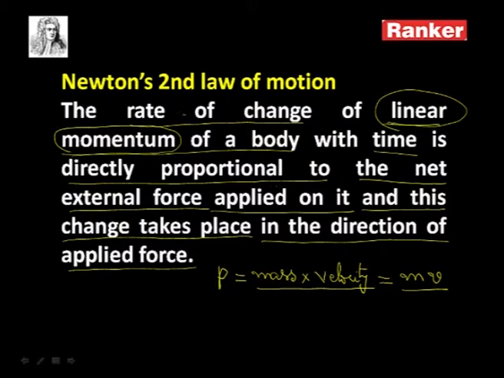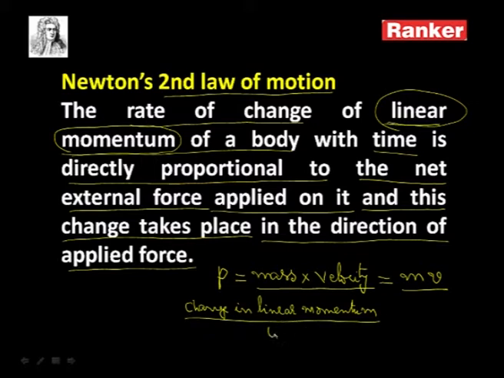What exactly does this second law of Newton say now? Rate of change of linear momentum. What do you mean by that? Simply speaking, change in linear momentum divided by time.